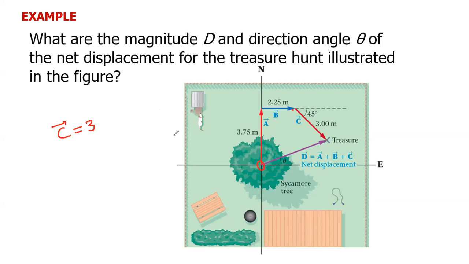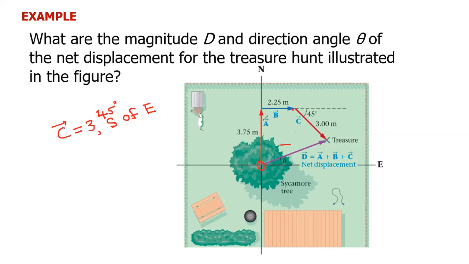This is my east. Okay, and now what happens? He goes south, right? So if I want to write it in this language, 3 meters, 45 degrees south of east.